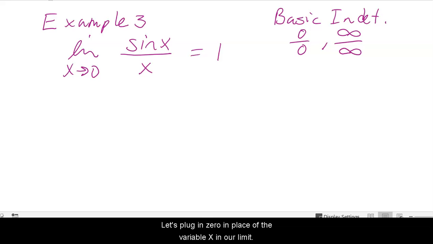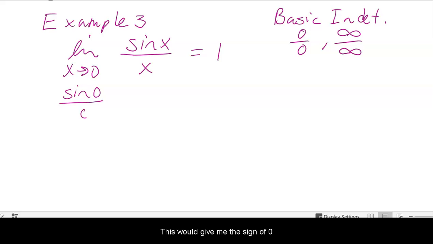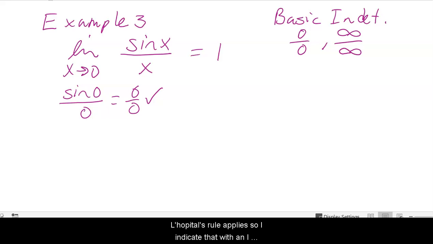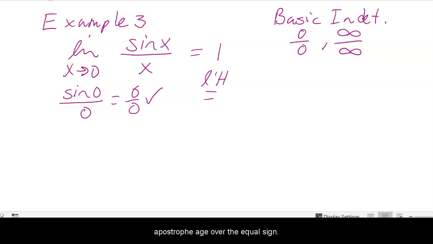Let's plug in 0 in place of the variable x in our limit. This would give me the sine of 0 divided by 0, which is 0 over 0, which is one of the basic indeterminate forms. L'Hopital's rule applies, so I indicate that with an L'H over the equal sign.